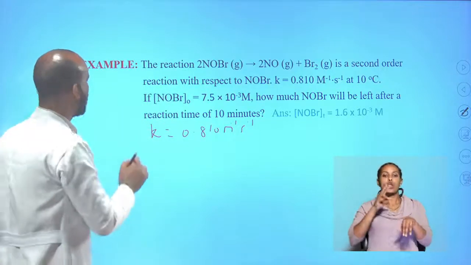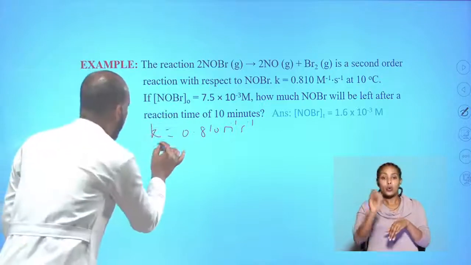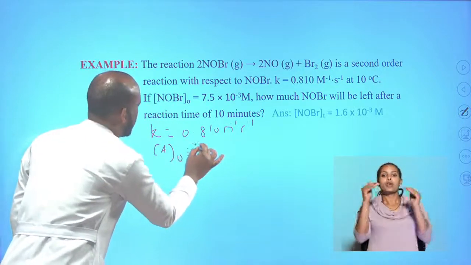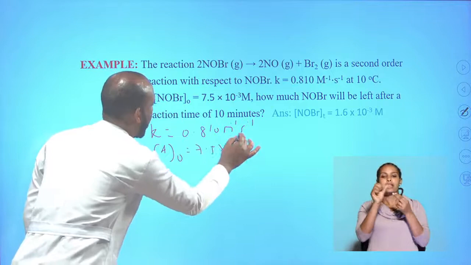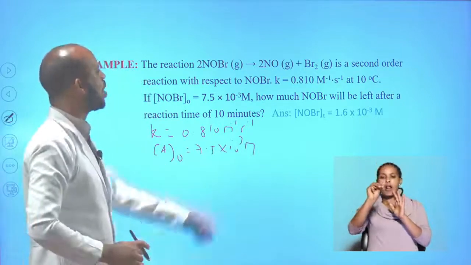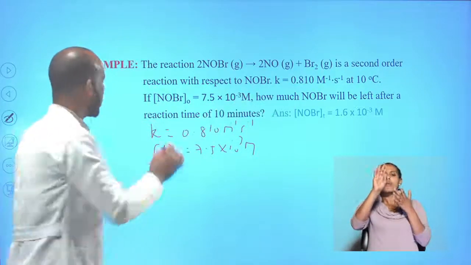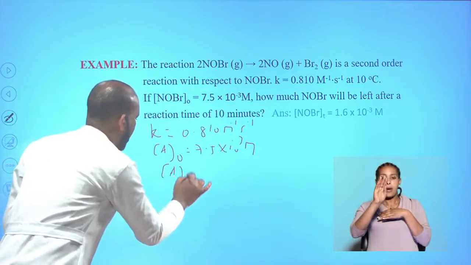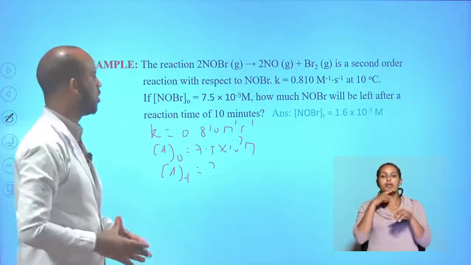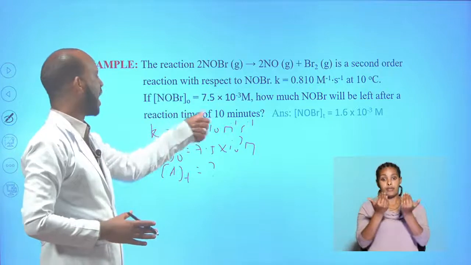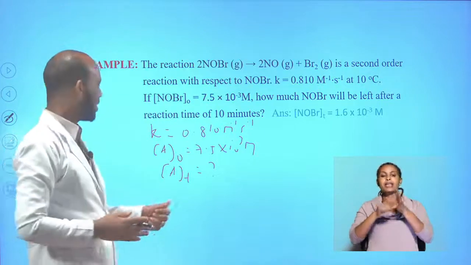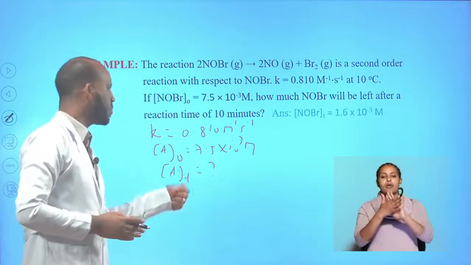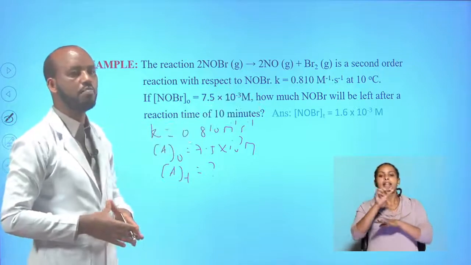Initial concentration A0 equals 7.5 times 10 to the power minus 3 molar. How much NOBr, concentration of M at any time t being unknown, will be left after a reaction time of 10 minutes? What is the concentration of NOBr after 10 minutes?